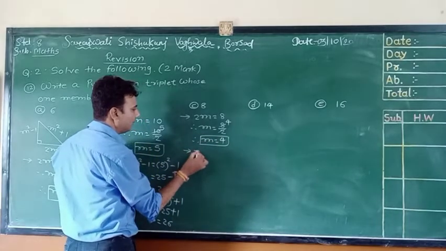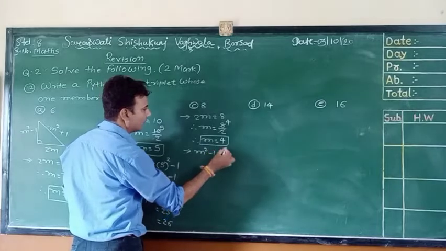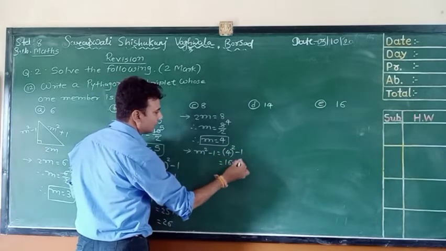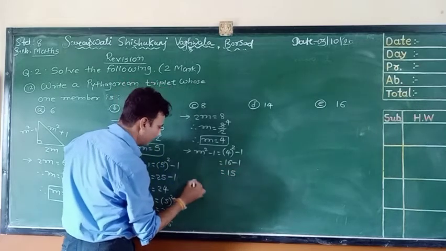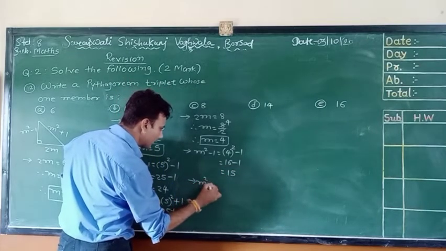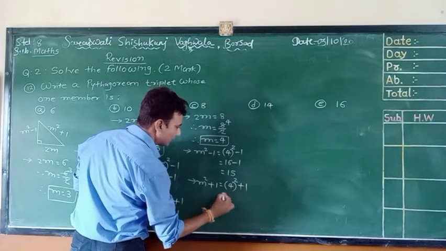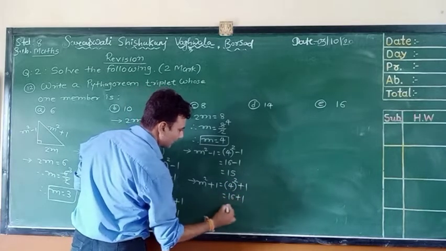Now m square minus 1, the m value is 4, so 4 square minus 1, 16 minus 1, 15. m square plus 1, the m value is 4, 4 square plus 1, 16 plus 1, 17.